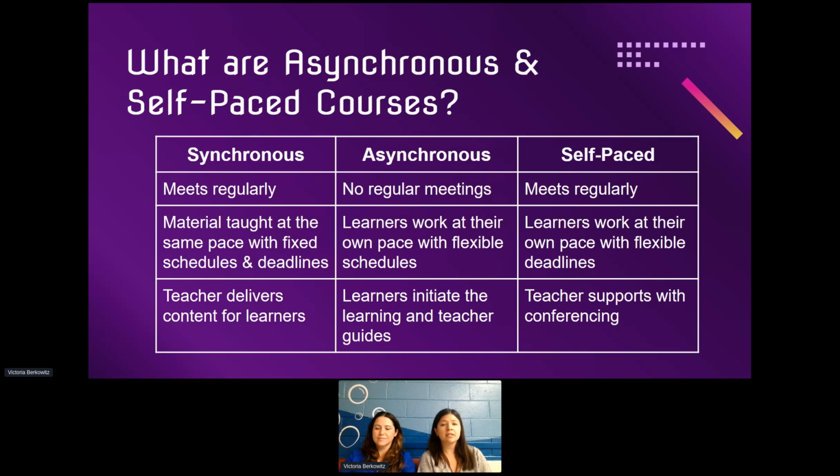With asynchronous, learners initiate their learning, and the teacher guides or supports. Self-paced is different from asynchronous in that they typically meet regularly in a classroom. Just like asynchronous, learners work at their own pace, but they also have flexible deadlines. And in a self-paced class, because you're meeting regularly, there's a lot of conferencing and teacher support.